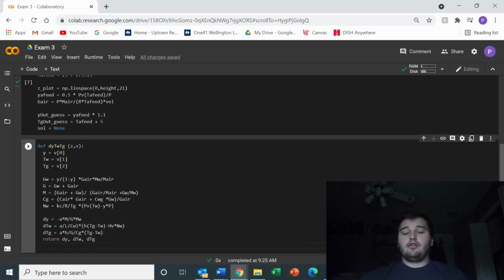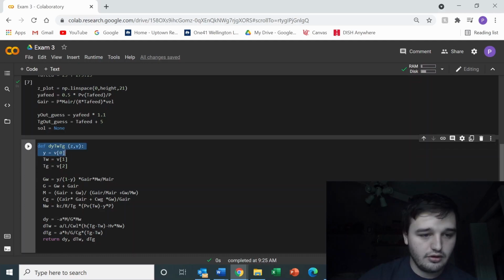So when we return those functions, we need numbers at which they're going to converge to, or stop at. And right now within this defined function, we don't have anything that the mole fraction of water, temperature of water, or the temperature of the gas are going to stop at. So we need to put this function within another function that's going to tell it when to stop or what to converge to.